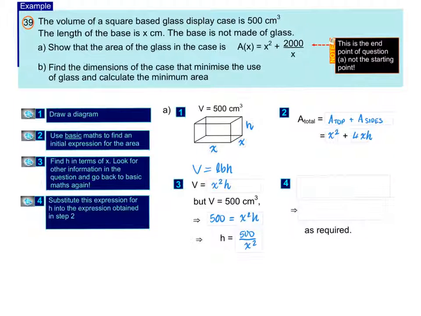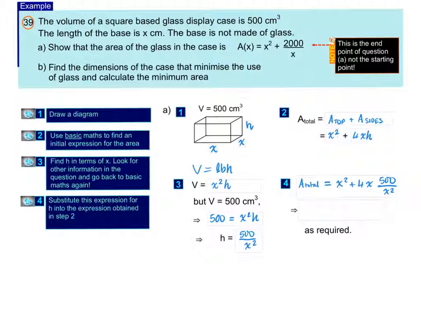We then go back to the expression we had for the area. And we replace the letter h with 500 over x squared.